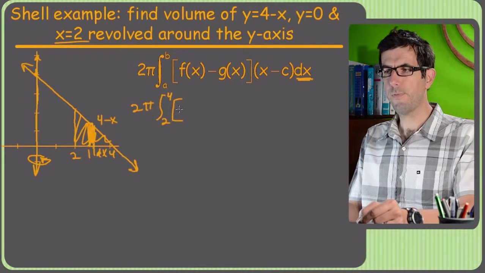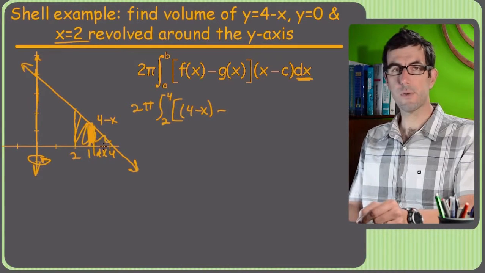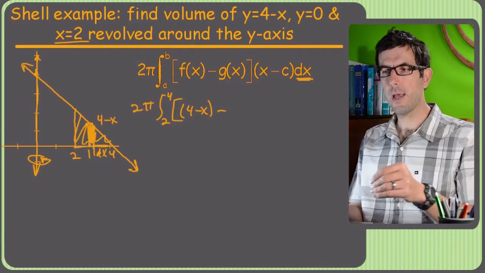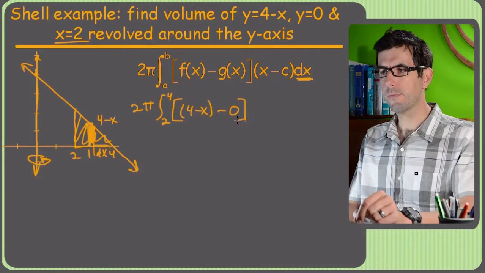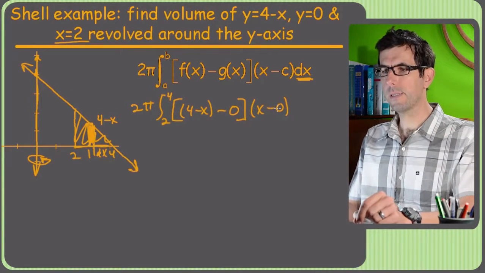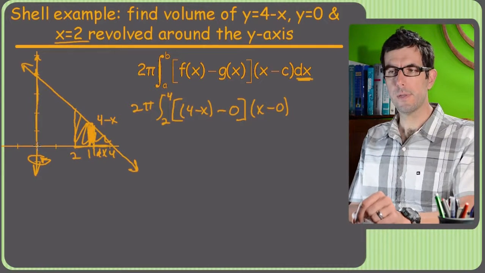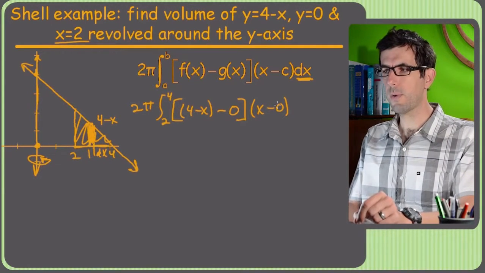So f of x is just 4 minus x. And g of x, or the bottom of the region, is once again just that line y equals 0, so that's 0. And same thing will happen over here, because the spin axis is the y-axis. Coordinate is x equals 0, so that's why we have a 0 right here for c. All right, so zeros just go bye-bye.